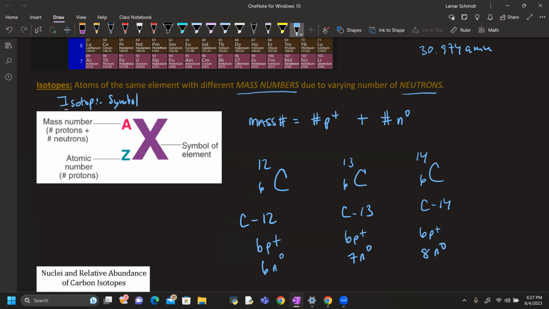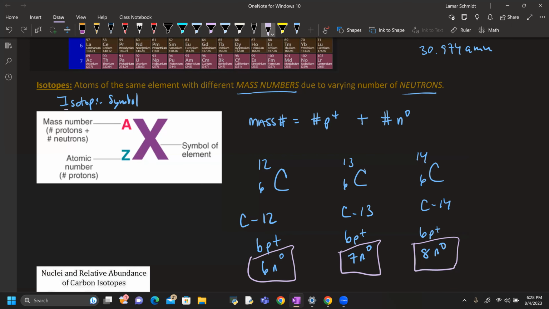So we see that each of these isotopes has a different mass number, but why? The reason is because they each have a different number of neutrons. Their number of protons cannot differ, otherwise they would not be atoms of the same element.